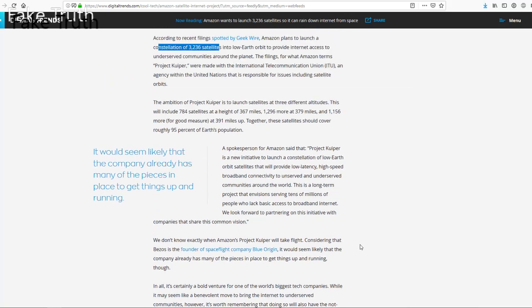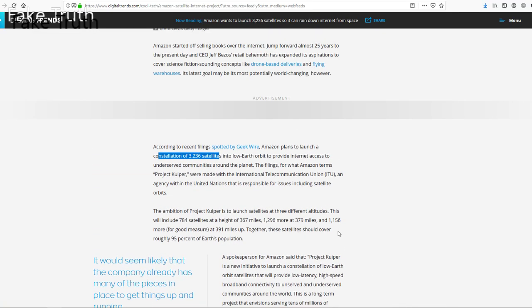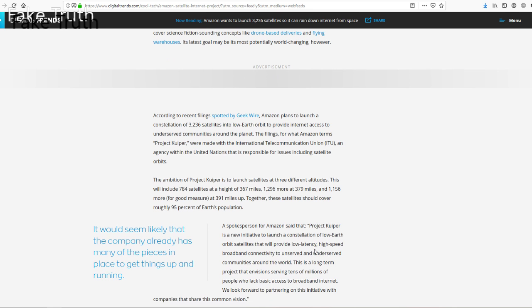But as with everything today, this is a very cursory, low info article. Right, but all of these satellites are going up, 300 miles, 370 miles, 390 miles. Together, these satellites should cover roughly 90% of Earth's population. So, right, this is supposed to be internet for literally everybody.